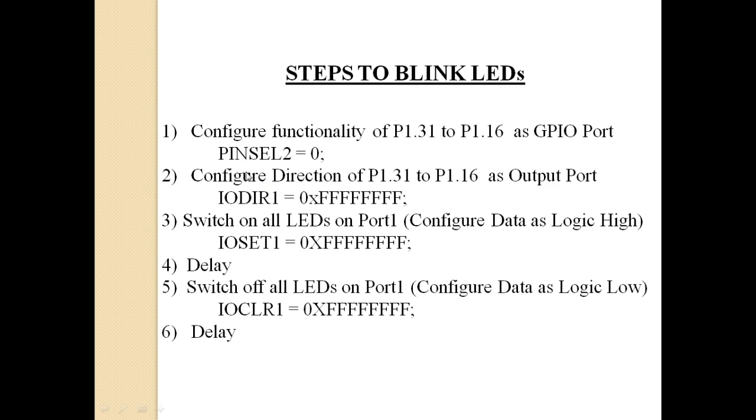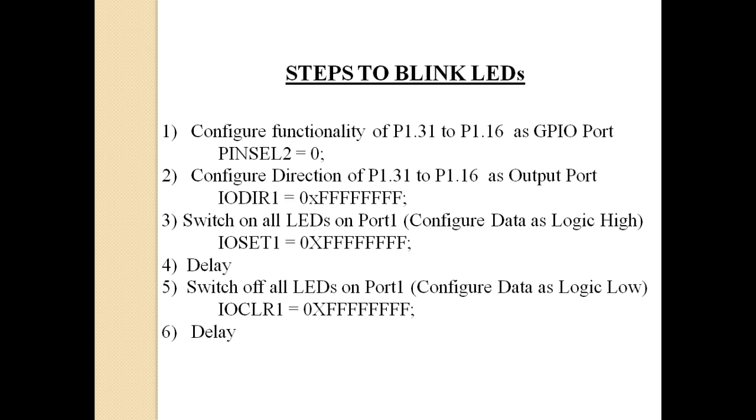The other 2 steps are known as the configuration steps. Those 2 steps need to be executed only once. Once you have configured the functionality as GPIO, until you reconfigure it, it will act as GPIO itself. Similarly, once you have configured the direction as output, until you reconfigure it, it will remain output.